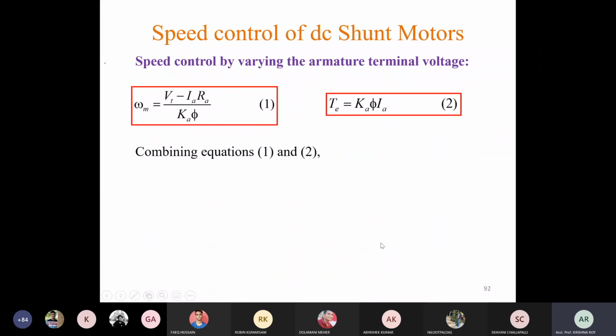So eliminating armature current Ia from both the equations, we can write this expression: omega m is equal to Vt by K phi minus Ra T by K square phi square. So here this is the relation between the speed and torque. From this relation we will be able to see how the speed will vary when the terminal voltage is changed, keeping the load torque constant.